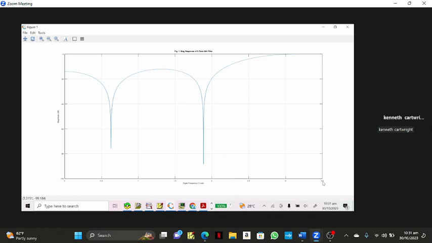So what analog frequency does pi rads correspond to? Five gigahertz.